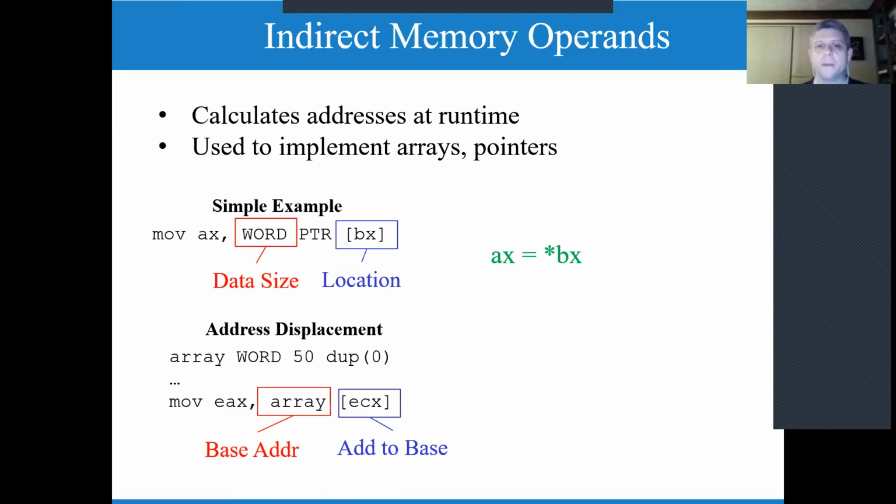Think of this as the base address and what you add to the base address. If you're familiar with C, this is essentially an offset into an array. So the C equivalent would be an array of 50 integers, and at some point we say take array, take the offset of ECX into array, and then copy it into EAX.